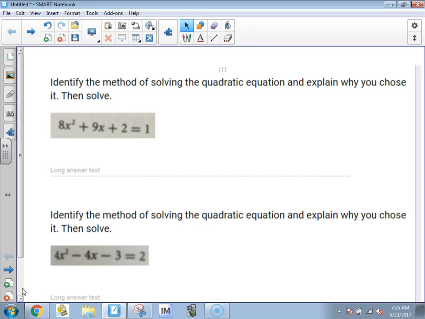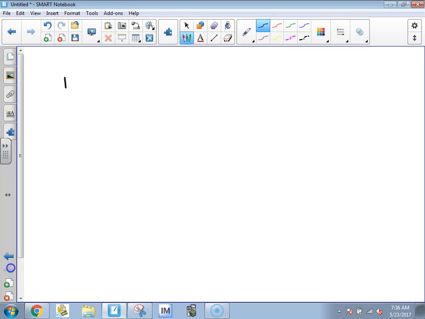Here are the different ways that you can solve a quadratic equation, at least the ways that we went through in class. One is taking the square root. Don't worry, I'll go back to that.